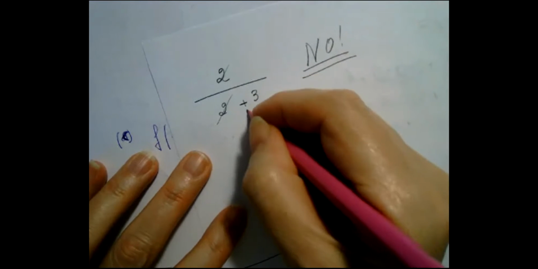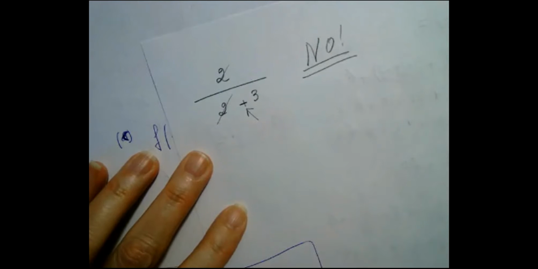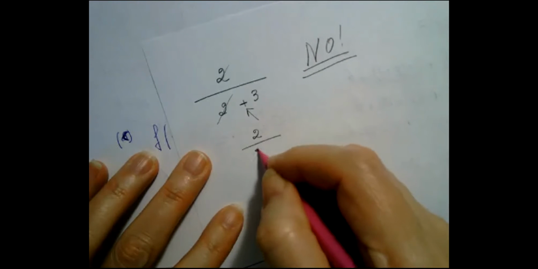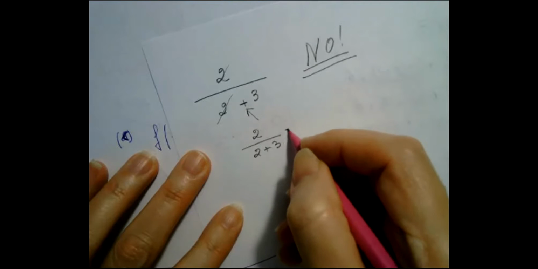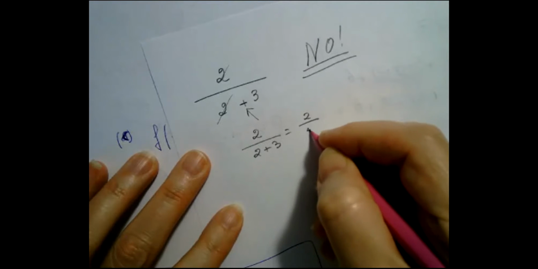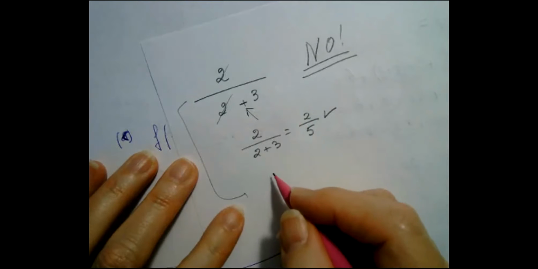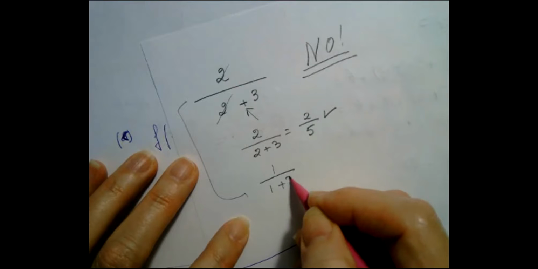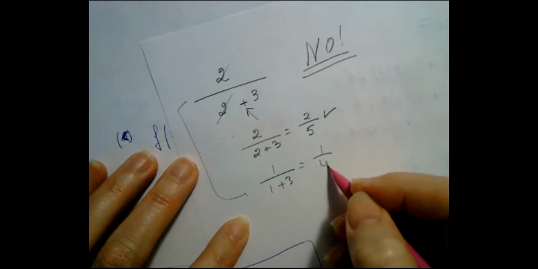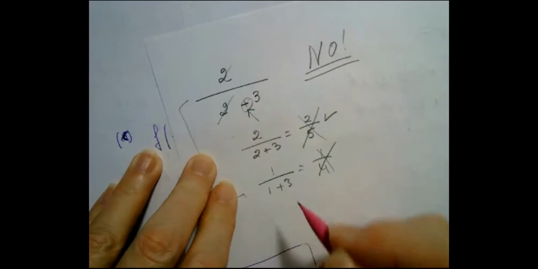The reason is I have an addition here. 2 over 2 plus 3 gives me how much? It's 2 over 5, correct? If you simplify, 1 over 1 plus 3 is 1/4. It's definitely not 2 over 5. So you cannot simplify if you have an addition.